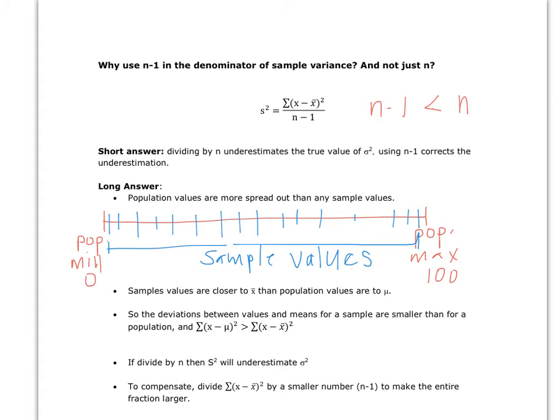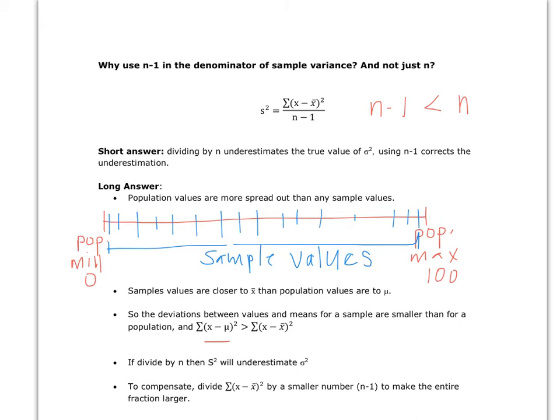Okay, so just following along with that, that means that when we take the differences between population values and the population mean, square them, and add them up, that is going to be a larger value. Those values x are further away, so they're going to have bigger differences, and then you square them and add them up.